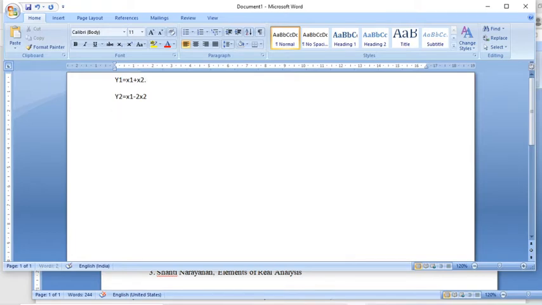Suppose this is equation number 1 and this is equation number 2. What is 1 minus 2? That results in 3x2 equal to y1 minus y2. So what will be x2? x2 equal to y1 minus y2 divided by 3, right?